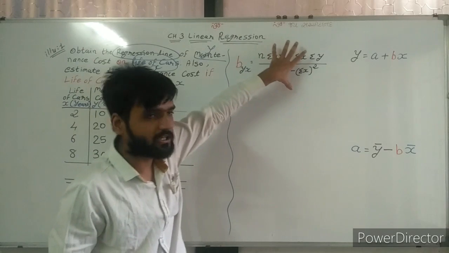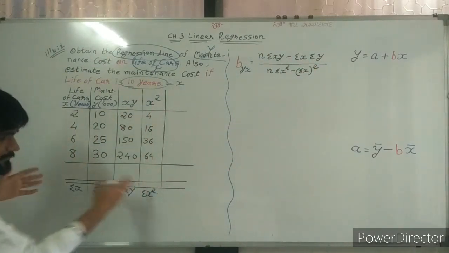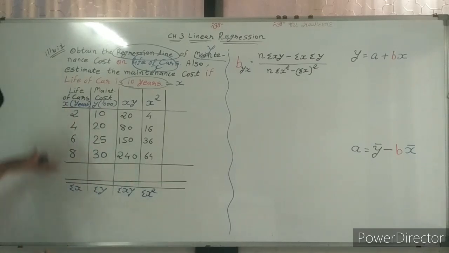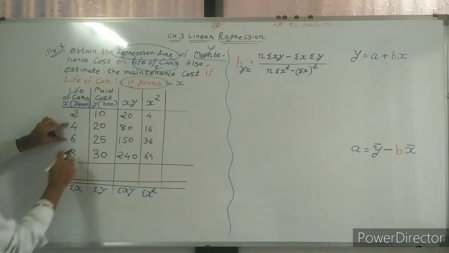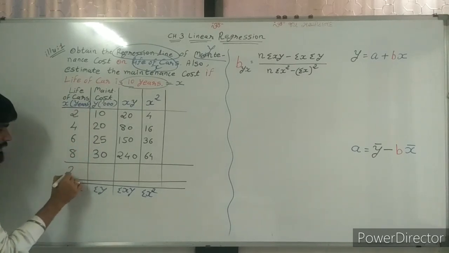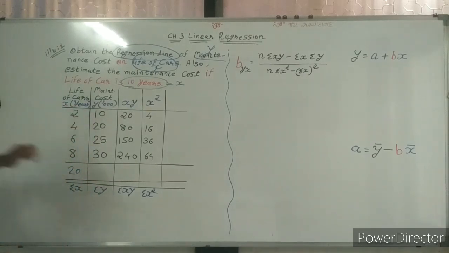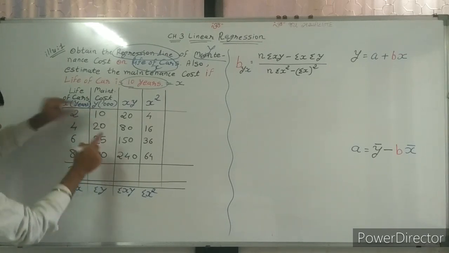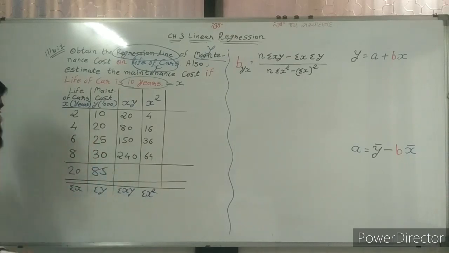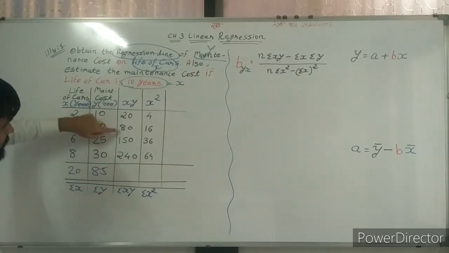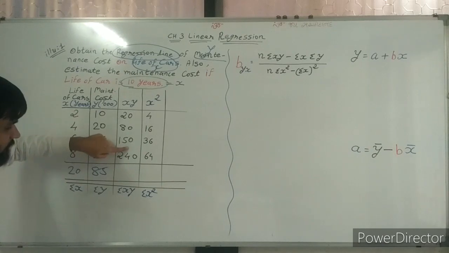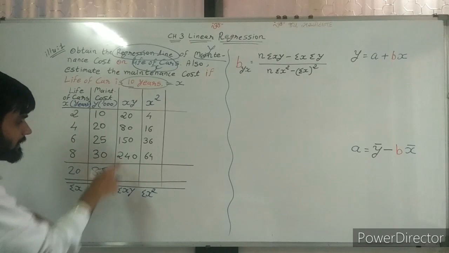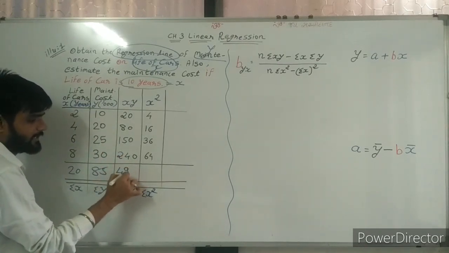Whatever we need here, we have found. Now the total of x: 6 plus 4, 10, 8 plus 2, 10, 10, 10, 20. So sigma x is equal to 20. Now the total of y: 20, 10, 30, 30, 30, 60, 70, 80, 85. So sigma y is 85. The total of xy: 100, 250, 500 minus 10, 490.